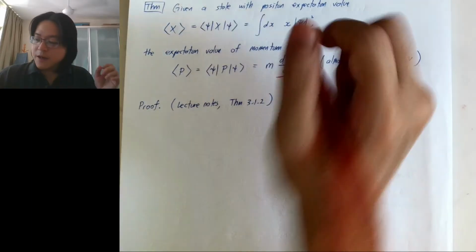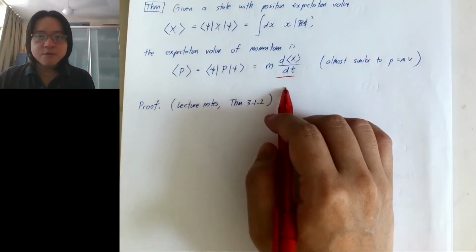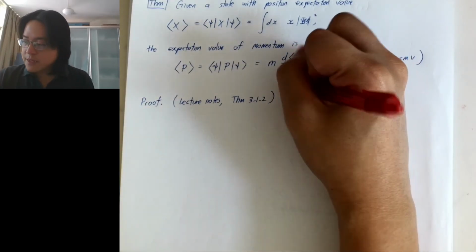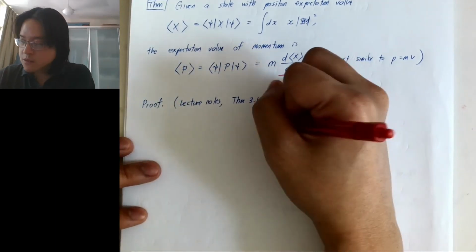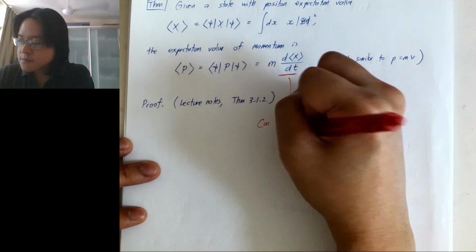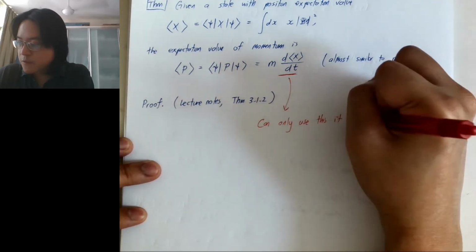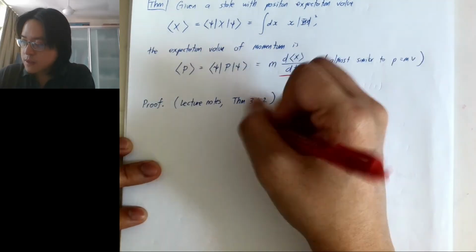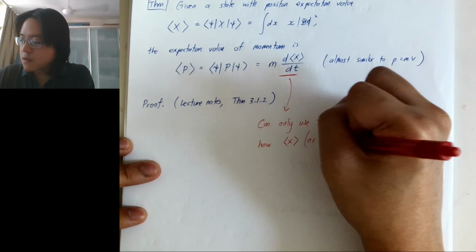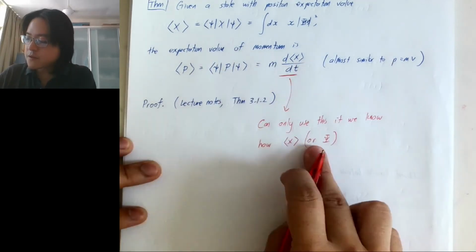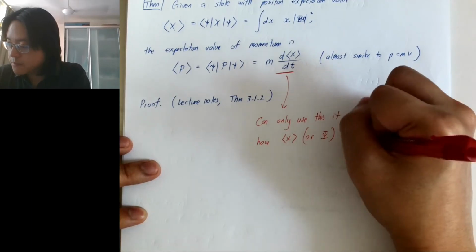So the only issue about using this theorem, right, is you need to differentiate with respect to t. So that means we can only use this if we know how this function depends on t. So we can only use this if we know how the x, or well, one or the other is equivalent, how they depend on time.